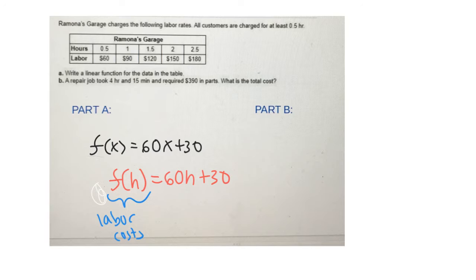And that costs them money, so they have to charge you money, right? So the total cost of a job that takes a certain amount of time and has $390 in parts, the total cost, well, that's going to be the cost for the parts and the cost for the labor, right?